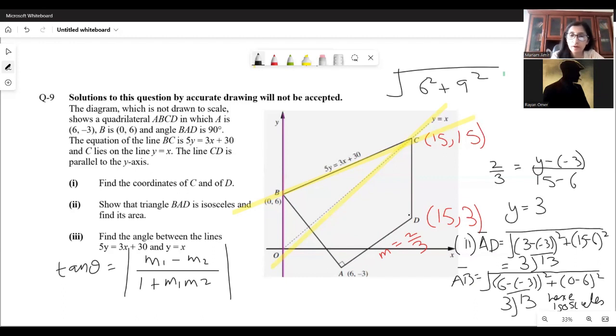What's the slope of 5y equals 3x plus 30? It is 3 by 5. And what's the slope for y equals x? 1. Take care.